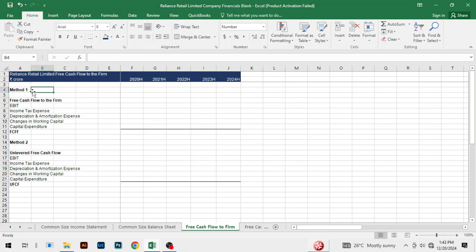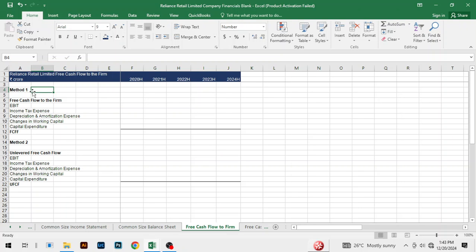Here I've included two methods. The first one, we want to go with the flow of the financials, right? And the second method, we want to follow the formulas.